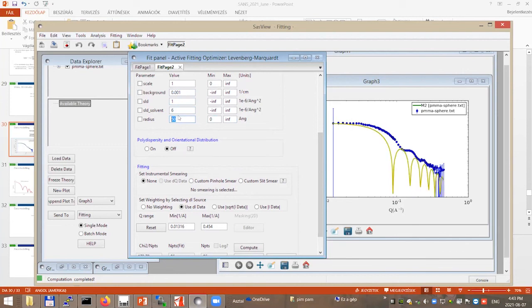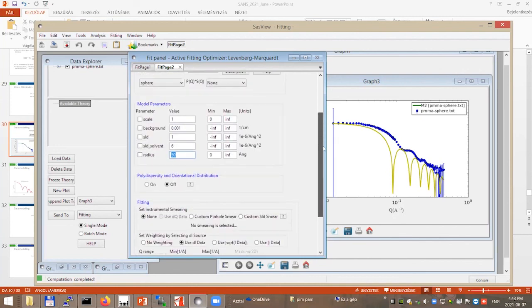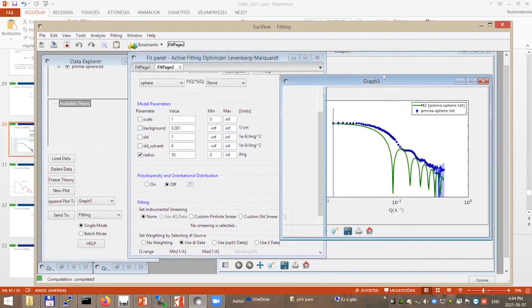But let's make the software do it. What would happen if I relax this parameter? It will start fitting, and I will relax also the background. You see the background is much lower than the real experimental background.